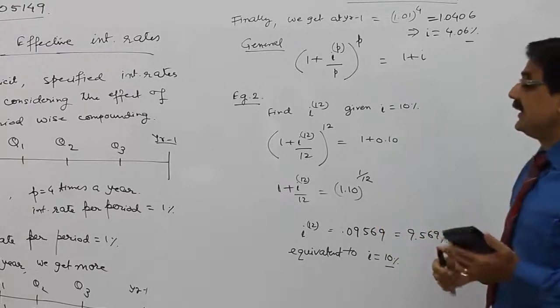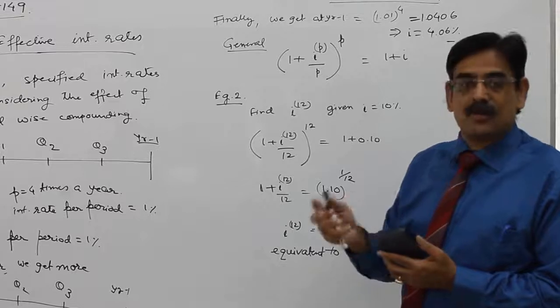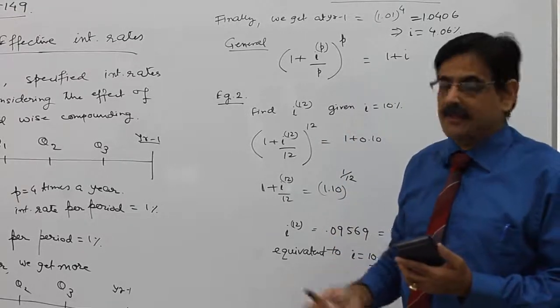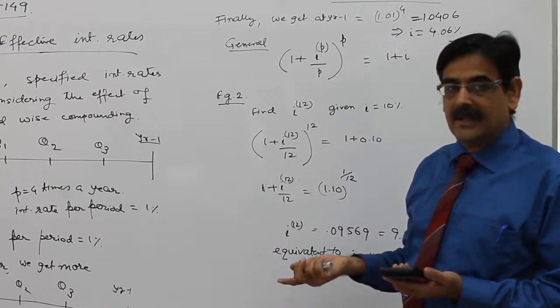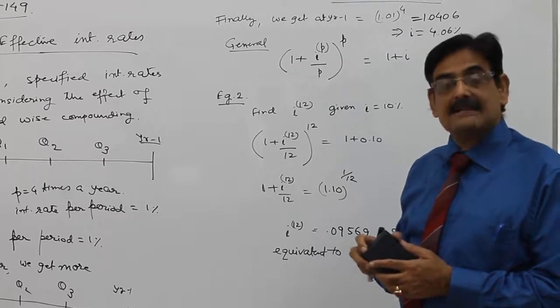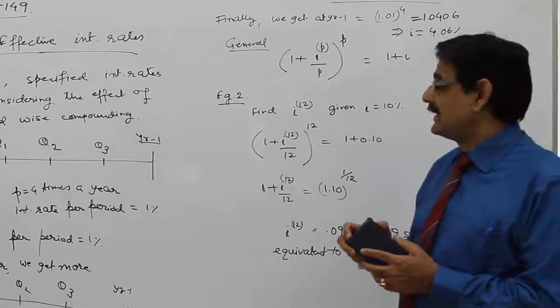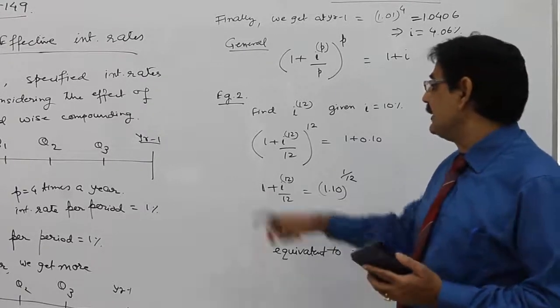Now, don't think that 4% and 4.06% are the same or almost the same. The effective interest rate is always going to be more because of the effect of short-term compounding. This lies at the basis of the entire CT1 as well as the entire actuarial science course, so a strong understanding is essential for your progress.